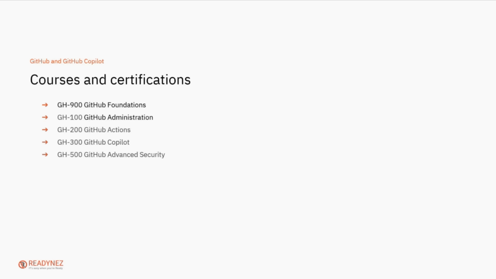Then there's GitHub Administration, which is about administering GitHub environments, managing repositories, governance, and automating workflows. Really, it's more for people who organize and administer repos for an organization, or maybe system administrators. The rest of these are all 1-day courses. I took this one when it came out in beta.